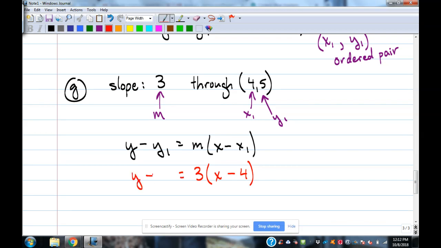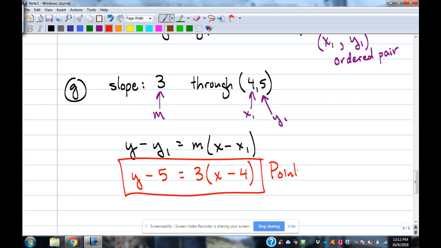Where the y1 is, I'm going to put a 5. That is point-slope form. It's just as easy as the give-me parts of slope-intercept form. It's just a little bit longer, okay?